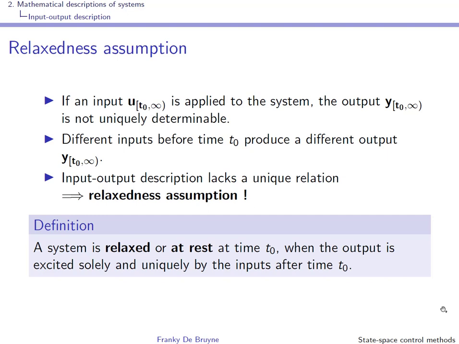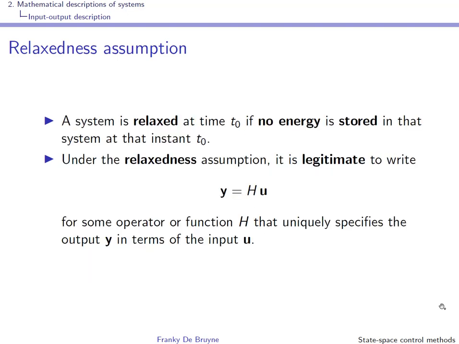And this is why we need this relaxedness assumption. We need to assume that the system is at rest, to speak of input-output descriptions. A system is relaxed or at rest at time t0 when the output is excited solely and uniquely by the inputs after time t0.